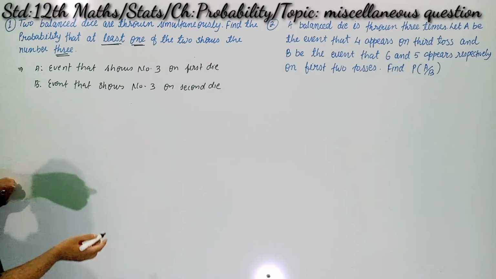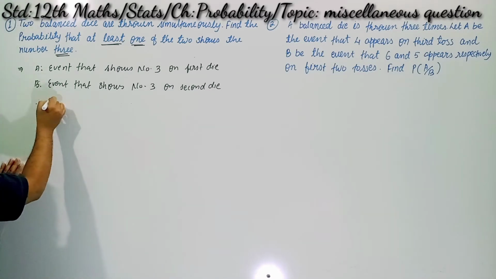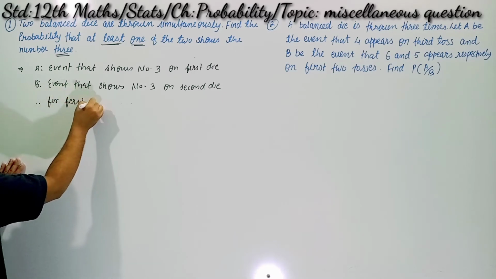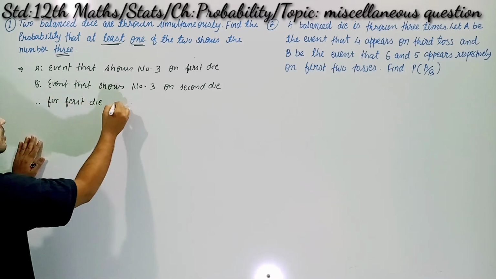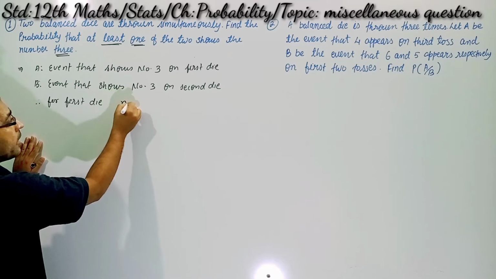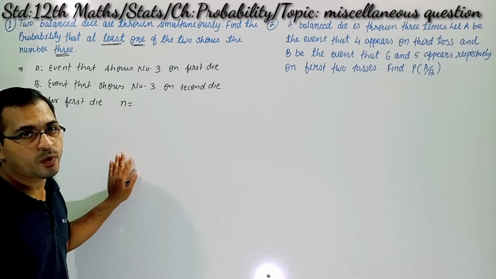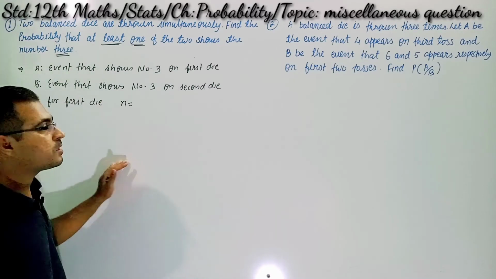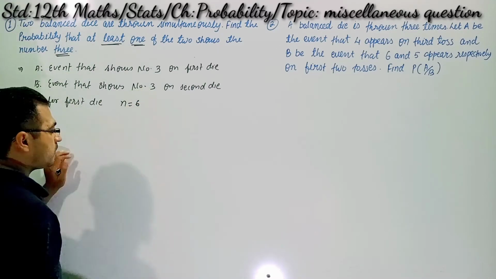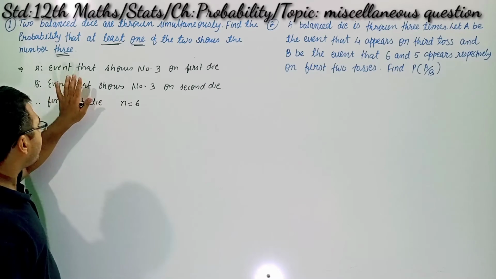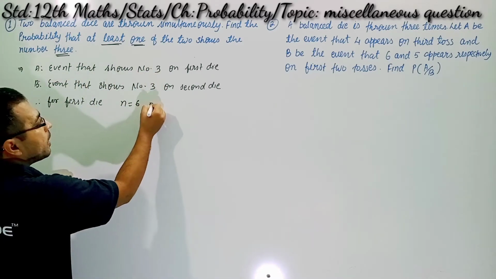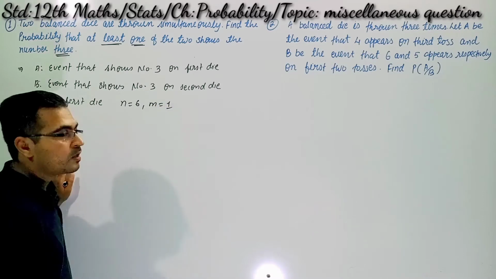So for the first die, n is what? The number of sample points. If you are throwing the first die, you can get 1 2 3 4 5 6, so there will be 6. Right students? And your favorable event is to get 3, means m is equal to 1.